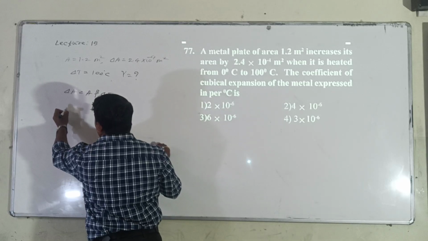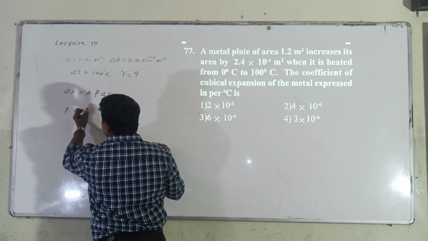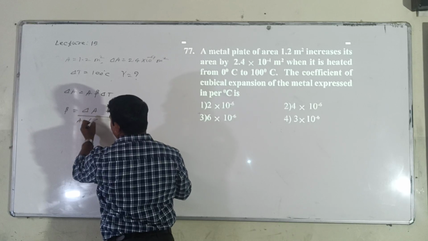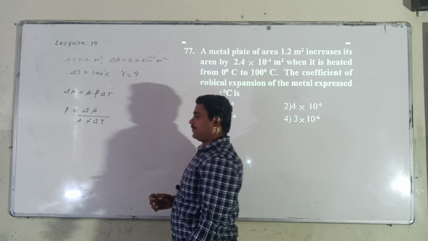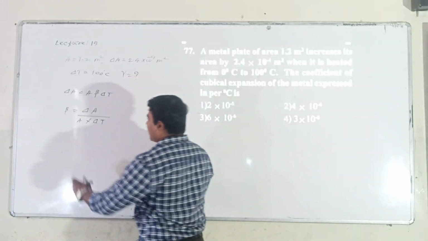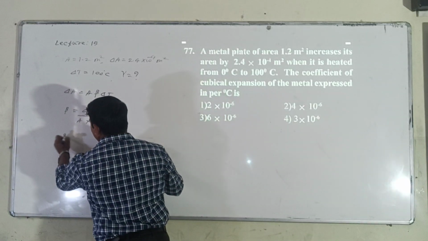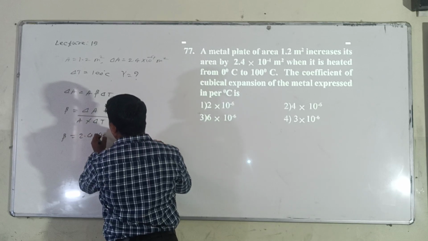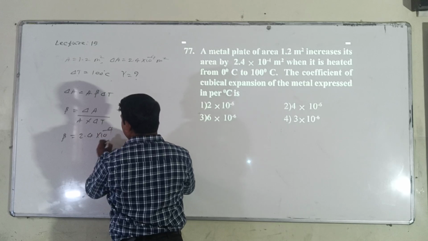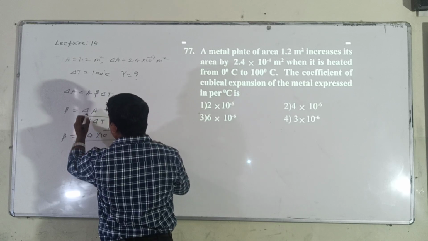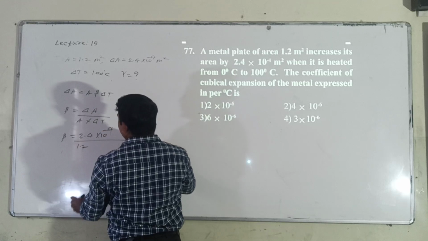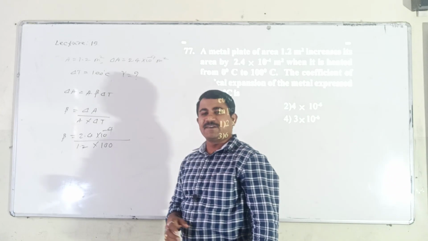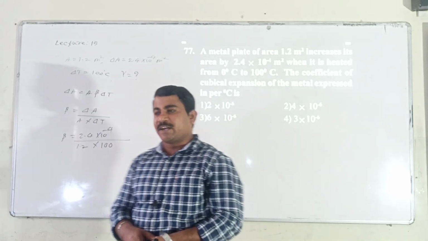I need the beta value, so I will calculate it first. Beta is delta A divided by A delta T, which is 2.4 × 10^-4 divided by 1.2 times 100.